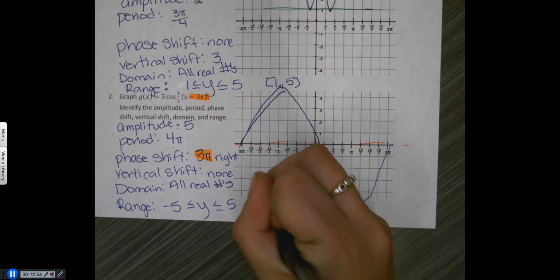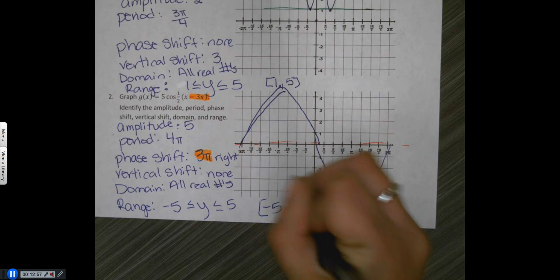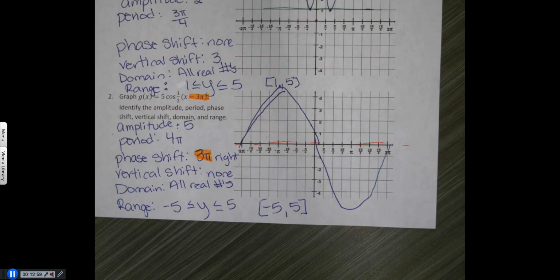And the other way I can see this written is with square brackets, negative 5, comma, positive 5. Questions here? Yeah, the number on the bottom is the number on the left, and the number on the top is the number on the right. Any other questions here?